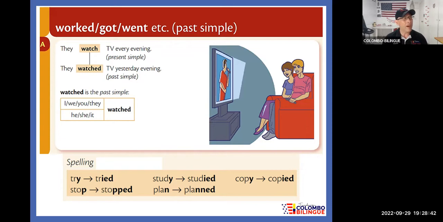So what is nice about past simple is that when you conjugate the verb, it's exactly the same. I watched TV last night. You watched TV last night. He watched TV last night. They watched. And so on and so forth. So it's exactly the same conjugation. That is good about past simple.